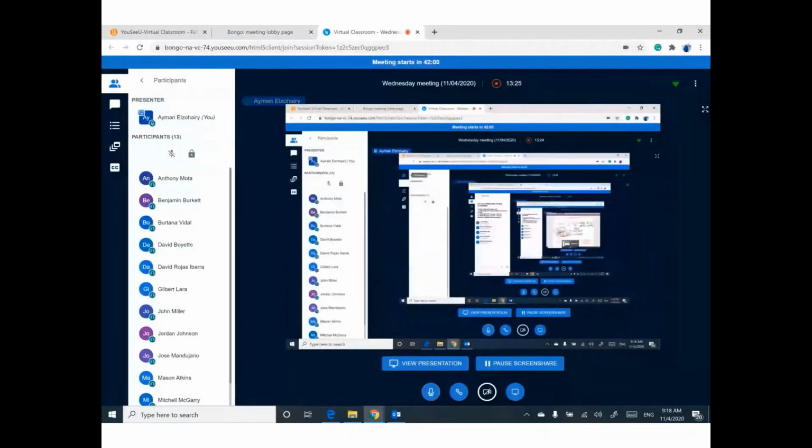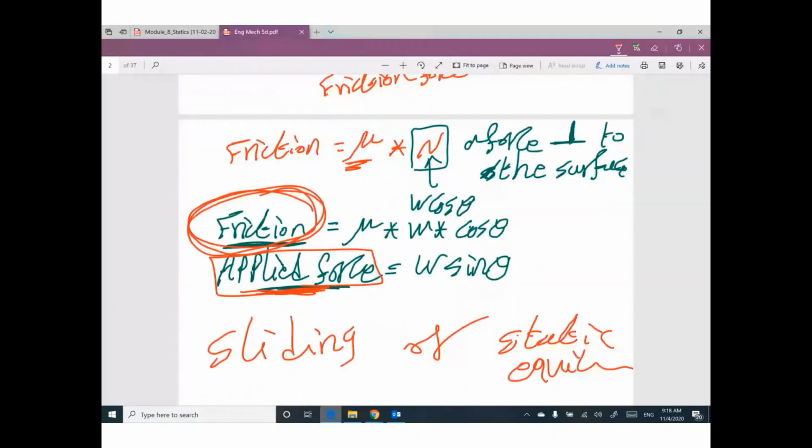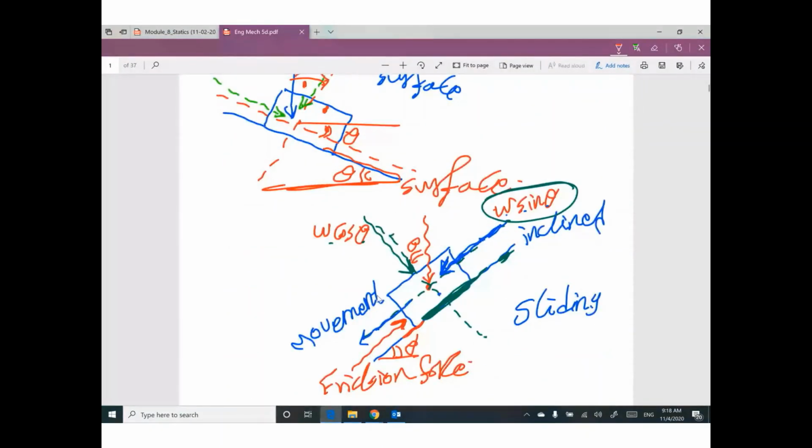So I'm talking right now about a box resting on an inclined surface. This box has a weight. This weight will be broken into two components, one perpendicular to the surface and the other one parallel, using the inclined angle theta.